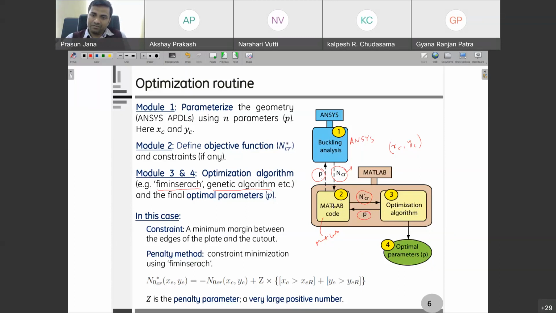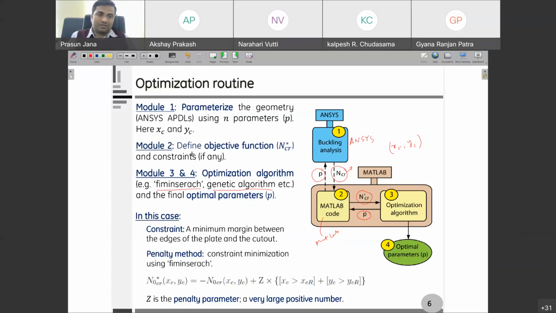Then Matlab sends that information to Ansys, and Ansys again gives you the new N critical. This iteration will go on until you have the optimization result obtained.